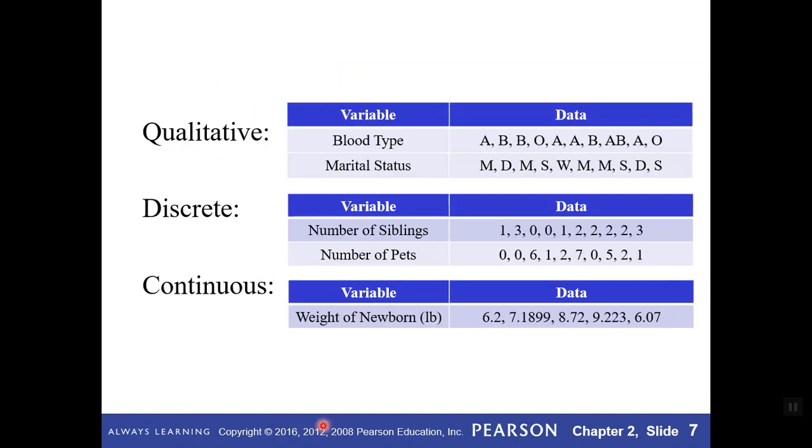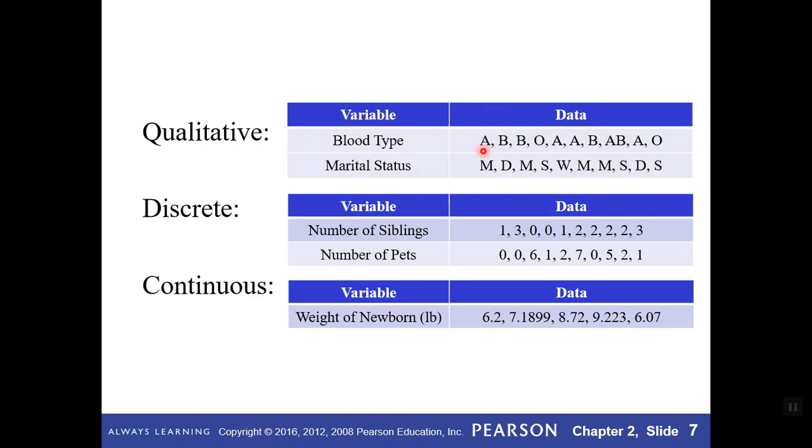Here I have mentioned examples of qualitative, discrete, and continuous. For a qualitative variable, let's say blood type, it includes A, B, AB, O, something like that. This is the data, and the variable is blood type.